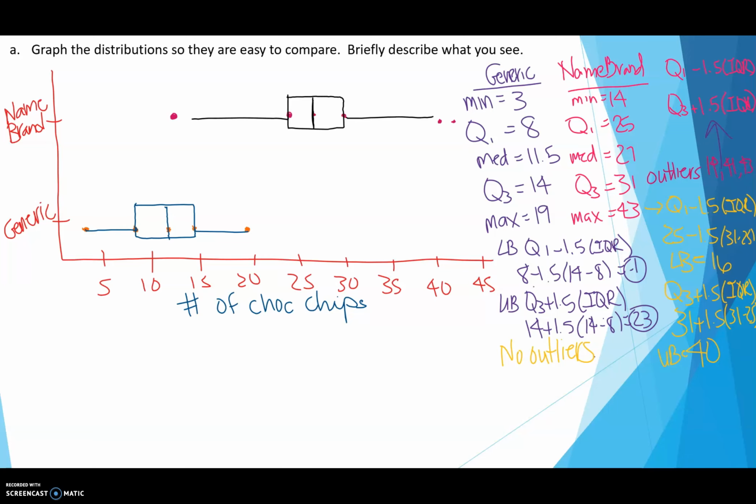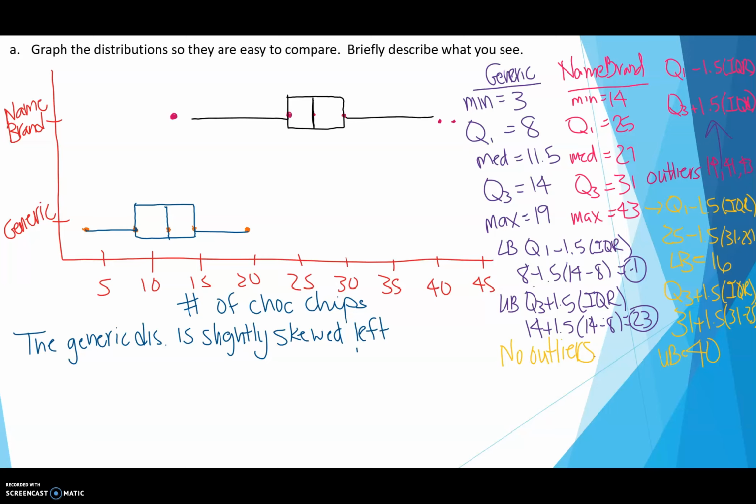All right, so I think the generic distribution is, I think it's very slightly, and I'm going to write that in, slightly skewed to the left.